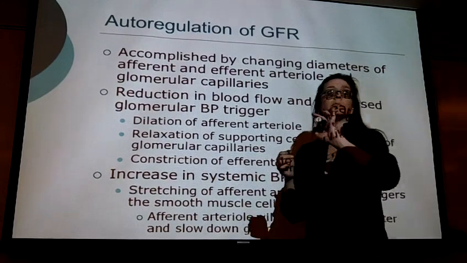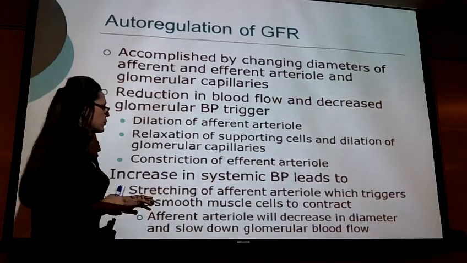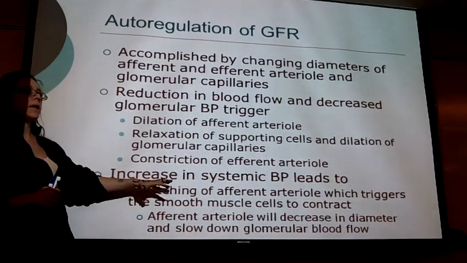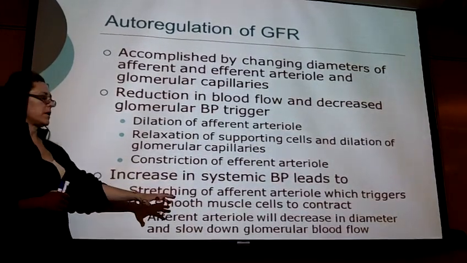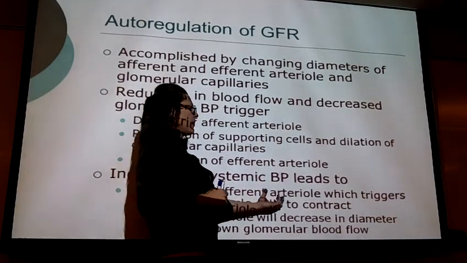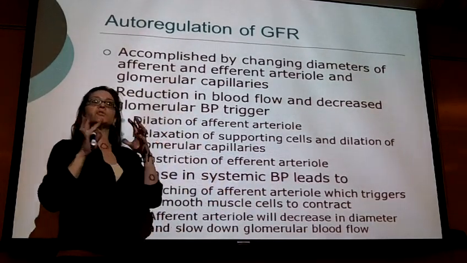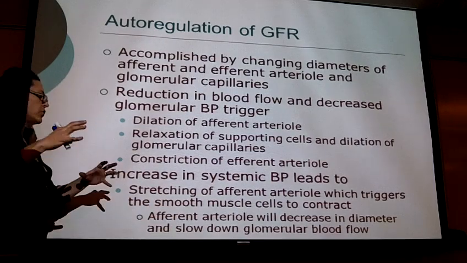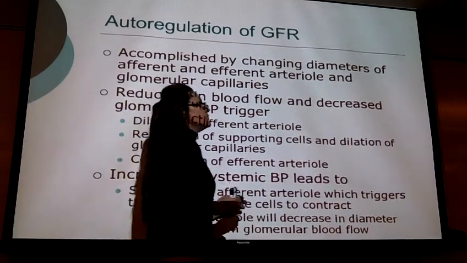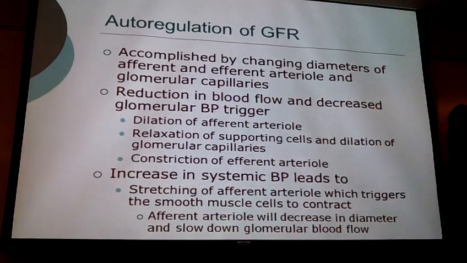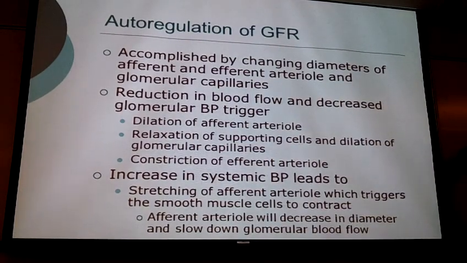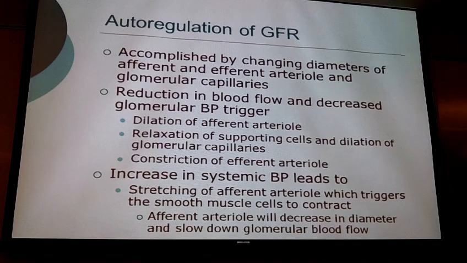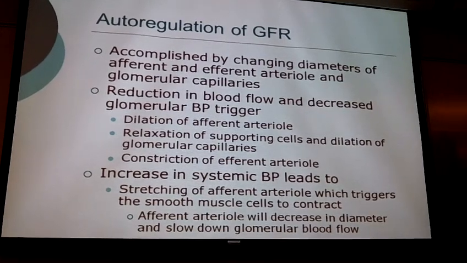And if the pressure is a little bit higher coming into the glomerulus, that will cause the afferent arteriole to start to stretch a little bit, which will then cause it to contract, decreasing the diameter. And as we decrease the diameter here, the pressure inside will start to drop.